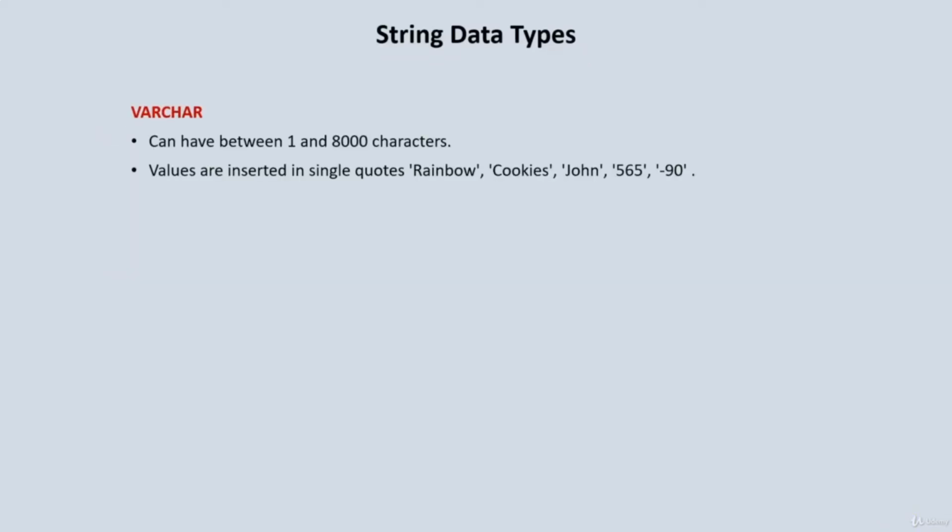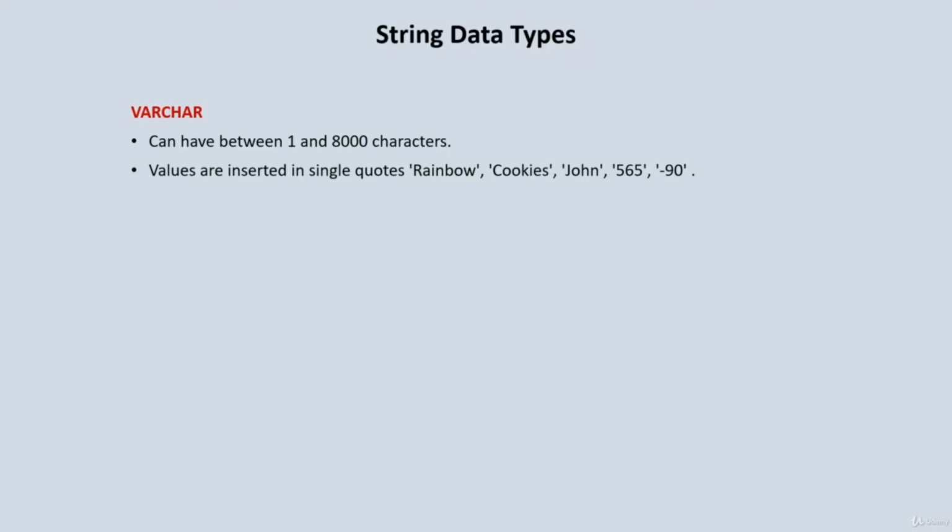When we look at the string data types, the string data type is used to store character values, and this could be a letter, it could be words. The varchar, which is variable character, can store between 1 and 8,000 characters. Another important point is that within string data types, we have to insert the values inside of single quotes.